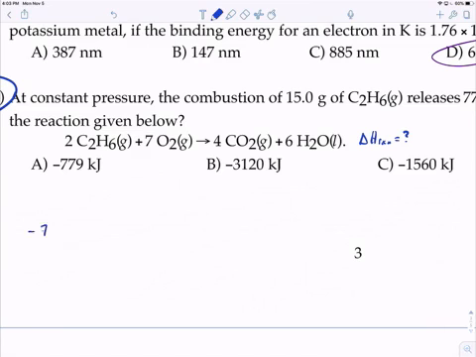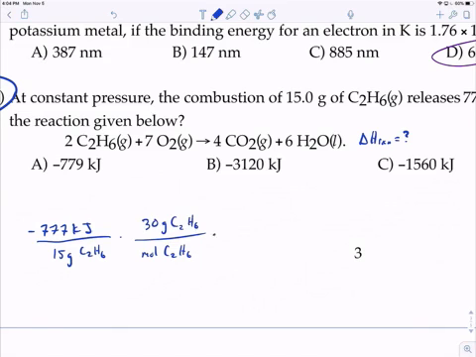So it releases 777 kilojoules of heat over 15 grams C2H6. Then, per mole C2H6. Oh wait, I got it backwards. Let's go from the bottom. C2H6 is 24 plus 6, that's 30 grams C2H6 per mole.